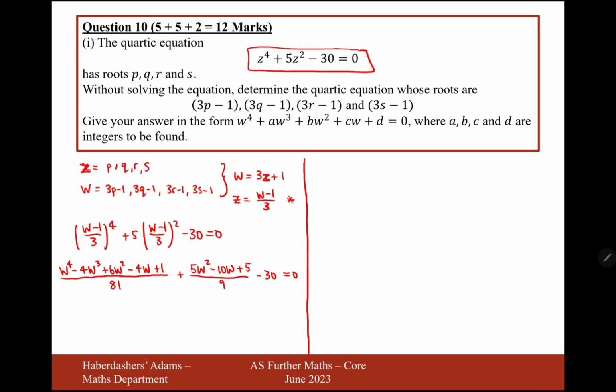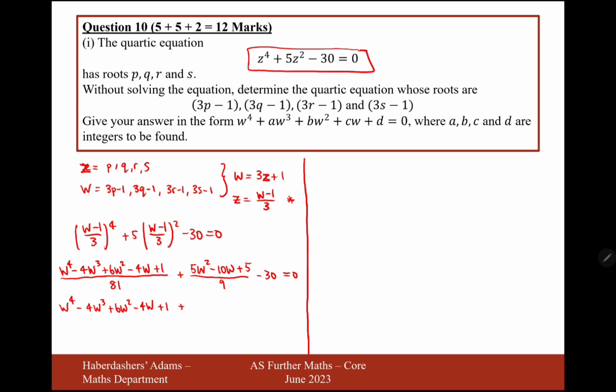Next thing is to get rid of this 81. So I'm going to times everything by 81, which will leave the first 5 terms as they are. Now, if I multiply this middle fraction by 81, all of the numerator values multiply by 9.